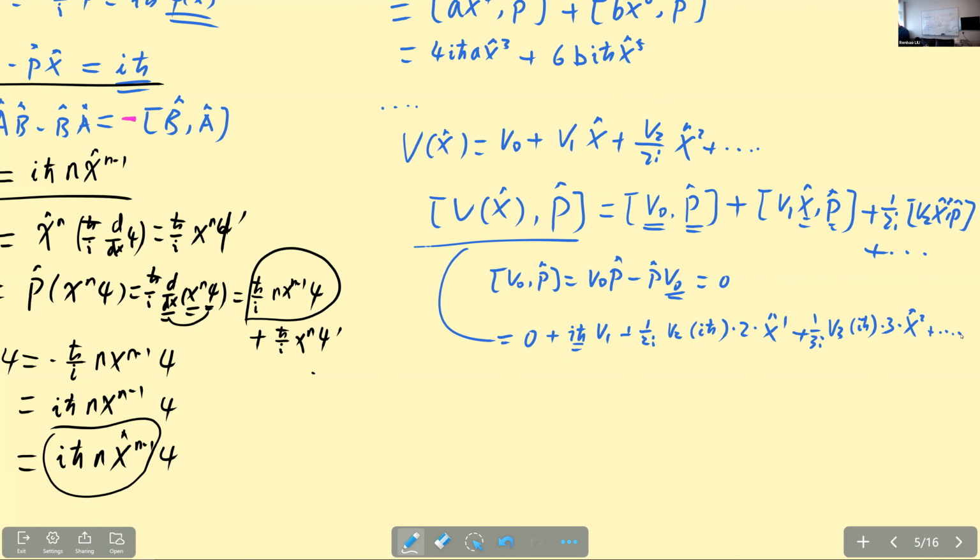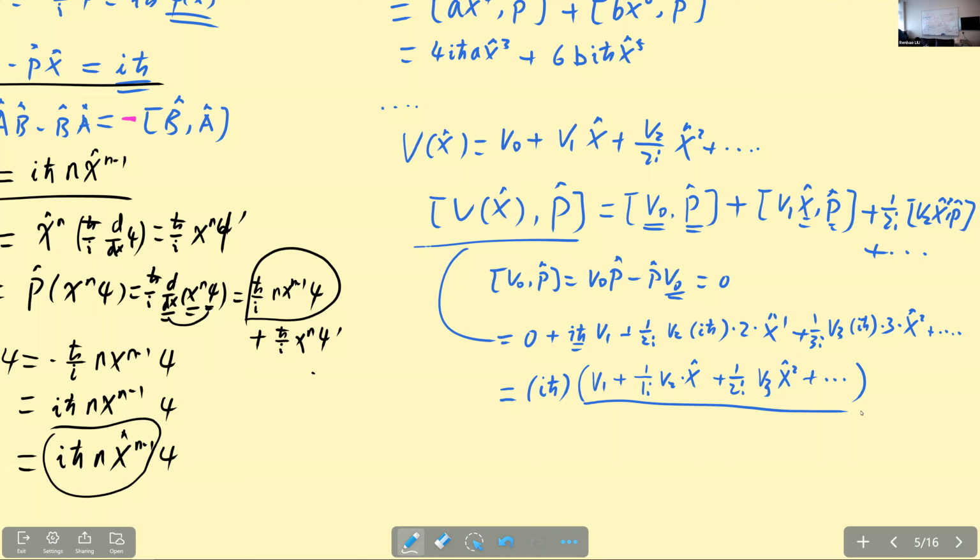So if you look at this one, this is nothing but you put an i h bar right here because every term has this term. What's inside is going to be V1 plus 1/1 factorial V2 times x, and then plus 1/2 factorial V3 times x squared, and so on and so forth. So what's this one?